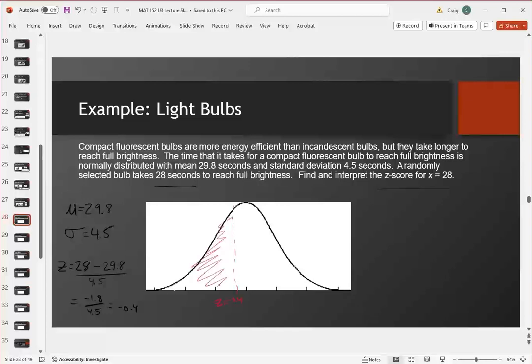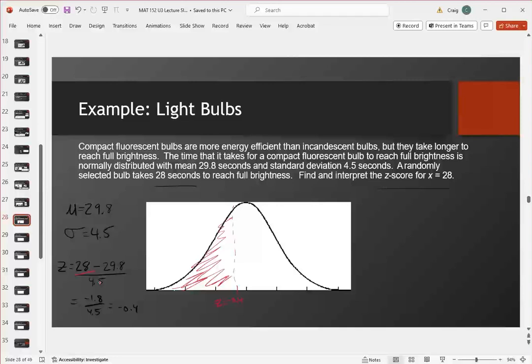And we could find this area to tell us whether it would be less than that amount of time or greater than that amount of time. We'll see some more examples like this. It identifies the position and it tells us that having a small z-score means it's close to the mean. Let's not dive into the probability just yet because we didn't ask that just yet, but there's probability answers here too.